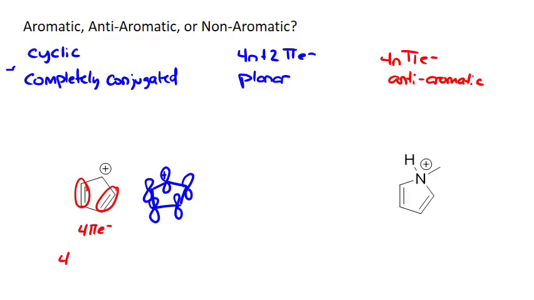So we'll set 4 equals 4n plus 2. If we solve that for n, we get 2 equals 4n, divide both sides by 4, n equals 2 over 4. That's not an integer number. We need that to be 0, 1, 2, 3, etc.